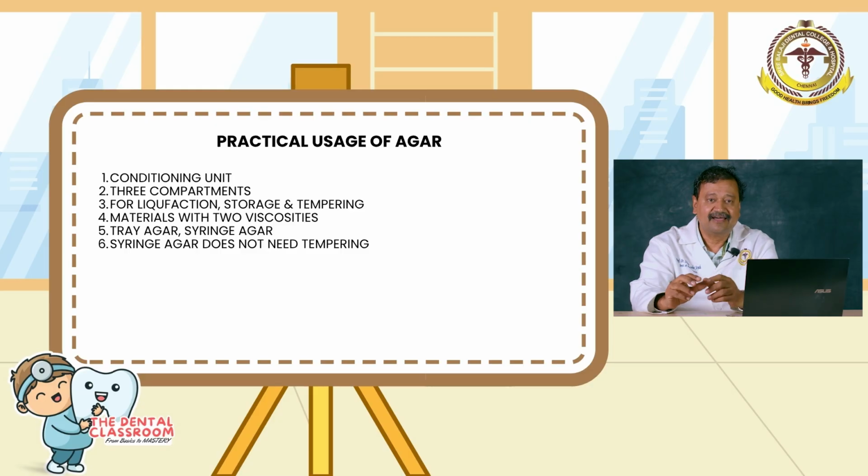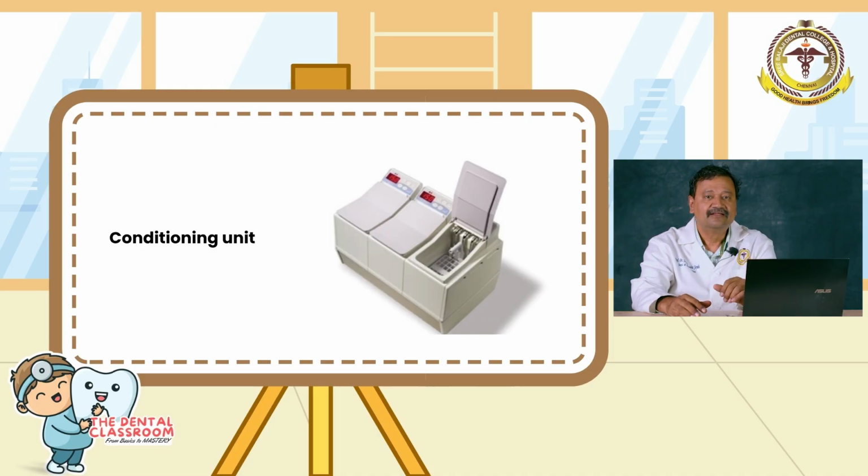While the syringe agar does not need tempering, the tray agar definitely needs tempering. We see the 3 compartments of the conditioning unit, and this helps us to manipulate agar.